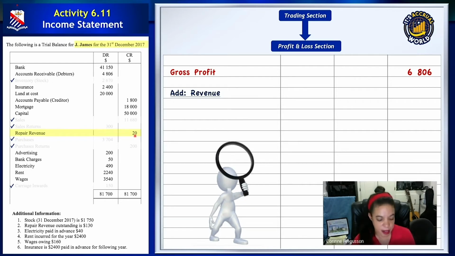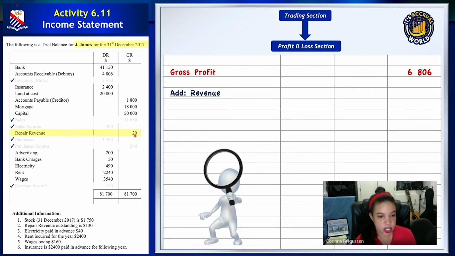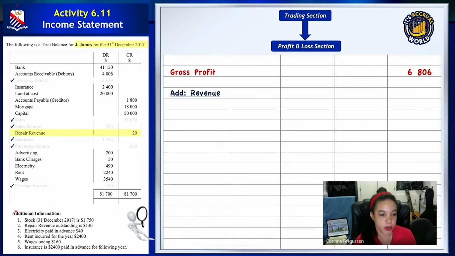Reminder once again, you should know by now, you look down in your notes. Because we may have an adjustment to be done, an accrual or a prepayment, we look down in our notes for repair revenue, and you would see that we do have an adjustment outstanding. What is outstanding? An accrual. So we have an accrued revenue.